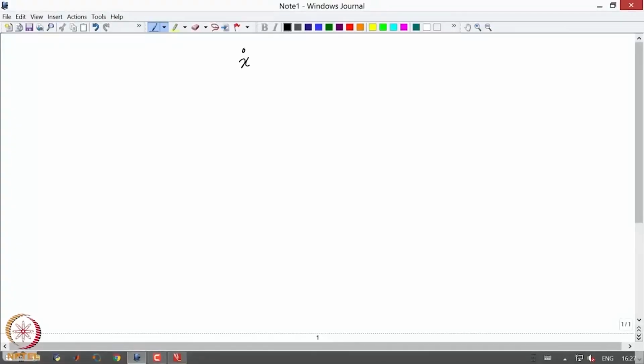Okay, so I have this system x dot equal to x square, and let me say that x at 0 is 1, right. Now what is the solution to this? The solution turns out that x of t is 1 over 1 minus t. Okay, so some strange thing is likely to happen.